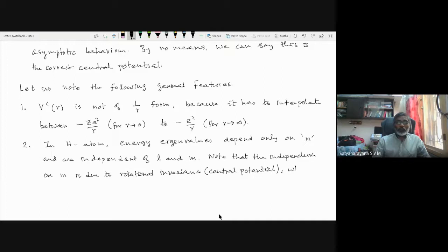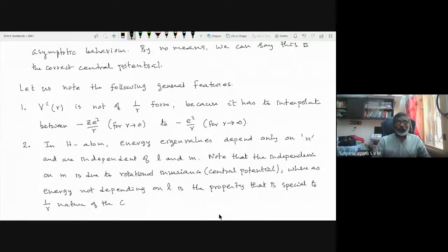Whereas energy not depending on L is a property that is special to the 1 over r nature of the Coulomb potential in hydrogen atom.